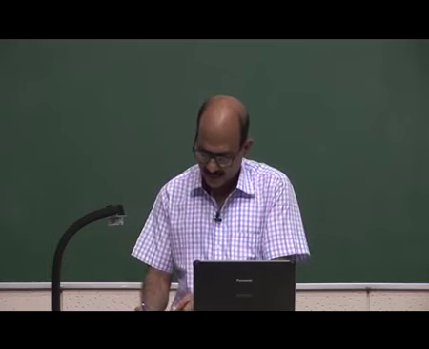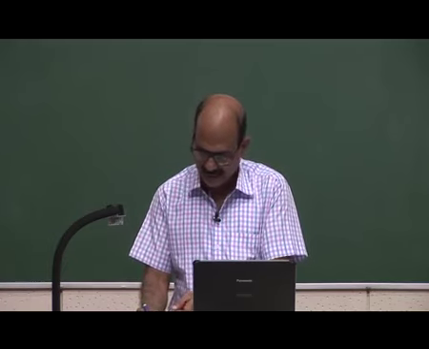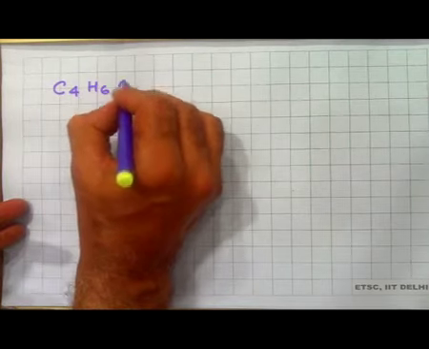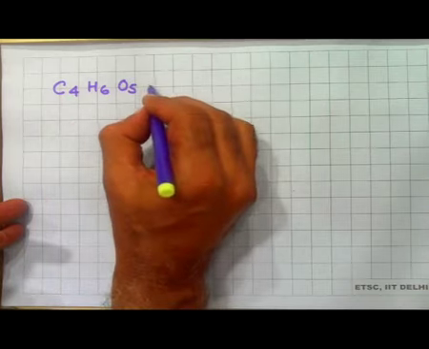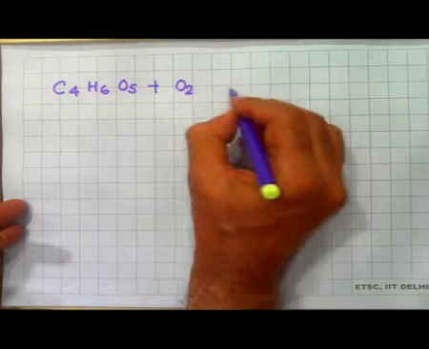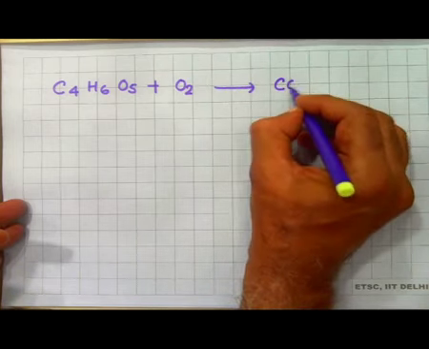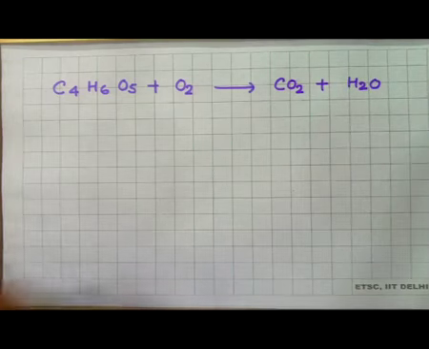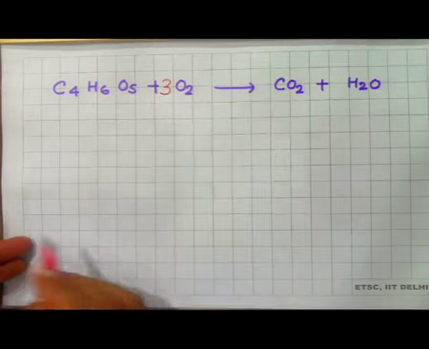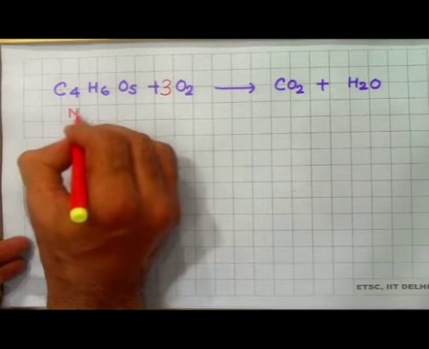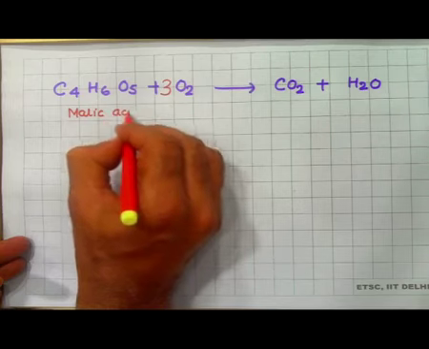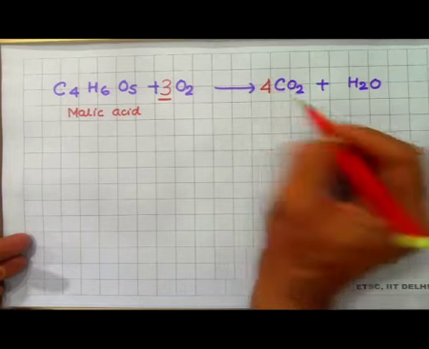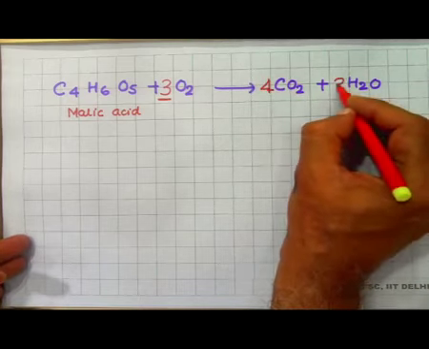Let us consider another example, malic acid, C4H6O5. This is the formula of malic acid. When combined with oxygen, it also gives carbon dioxide and water. Balancing this reaction, 1 molecule of malic acid combined with 3 molecules of O2 gives 4 molecules of carbon dioxide and 3 molecules of H2O.